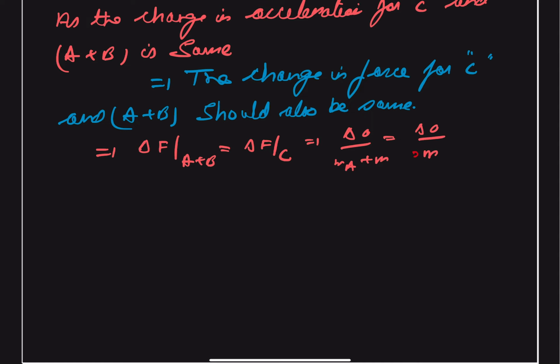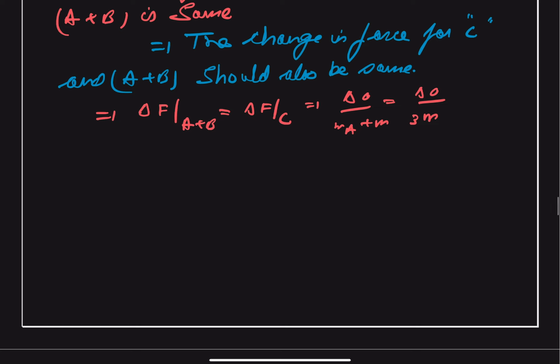This gives us that our MA plus M is equal to 3M, and which tells us that mass of A will be equal to 2 times M. So this is mass of A.